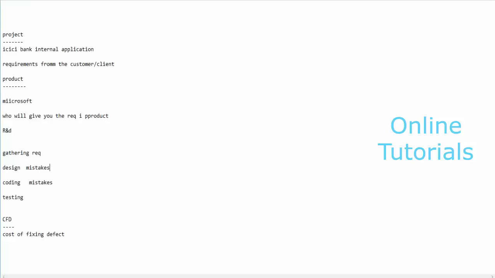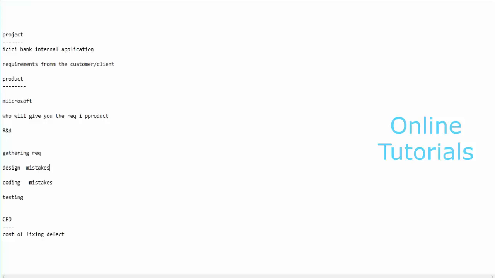At that point they have to change the total design document, deliver it to the developers, who have to change the application accordingly and send it to the testing department again. So the cost of fixing the defect will be more compared to coding mistakes.